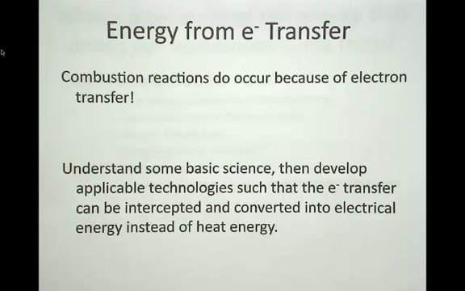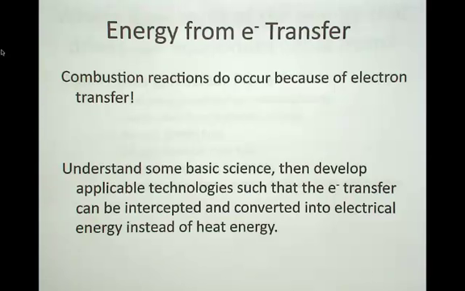So we need to understand some basic science, and then we can see how these applicable technologies have been developed such that the electron transfer can be intercepted and converted directly into electrical energy instead of heat energy. Because as you know, every time you convert from one type of energy to another, some of that energy is lost, or is not lost, but it's transferred into energy that's not useful, just heat, and it's wasted energy every time, so we lose efficiency.